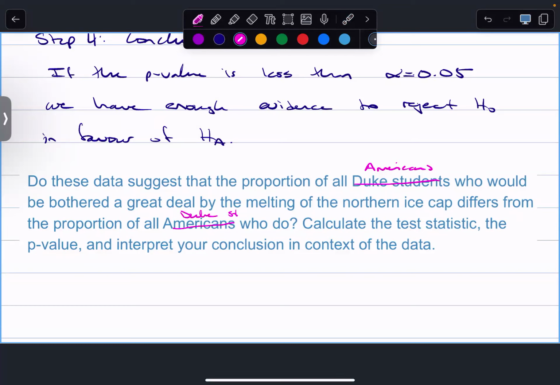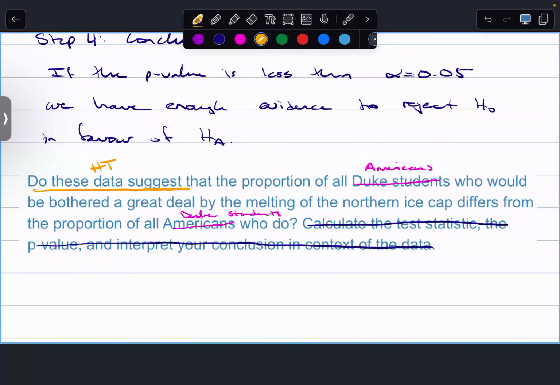It doesn't matter, but just to match what we're doing here. And then I want us to do a full hypothesis test, because when you see, do these data suggest, is there evidence of this, then you're going to do a full hypothesis test. And so we'll do it together.